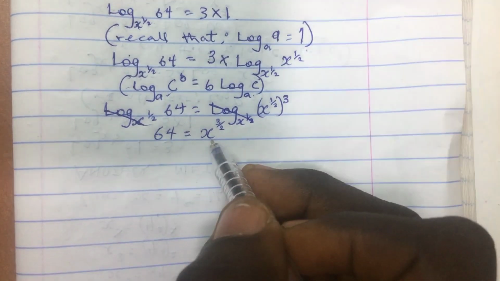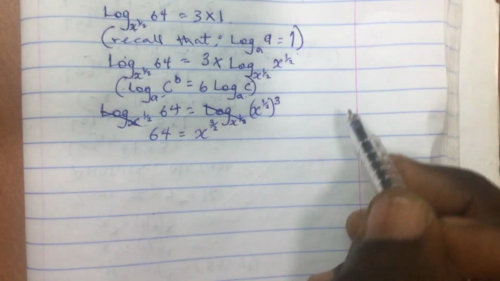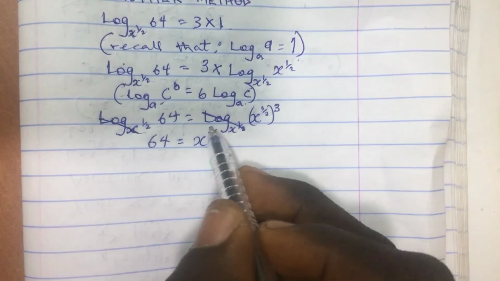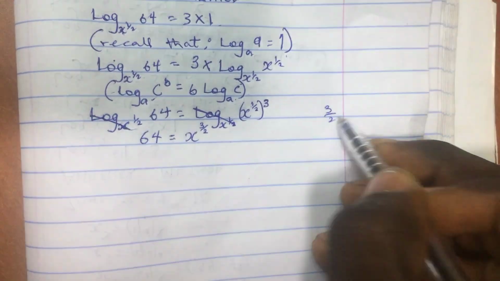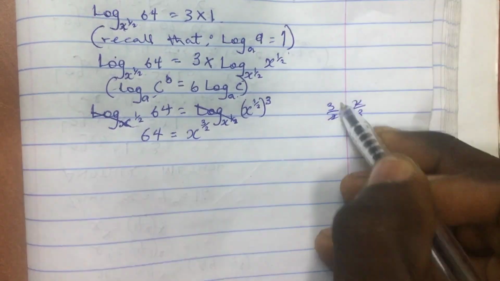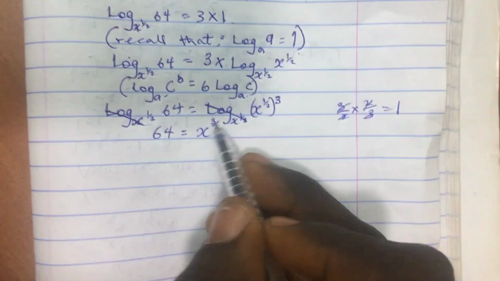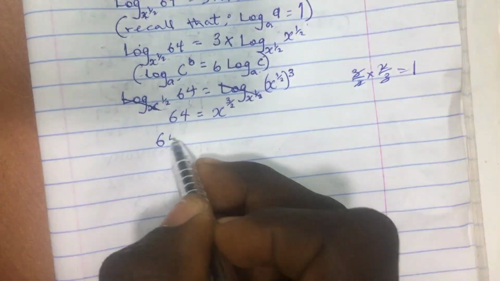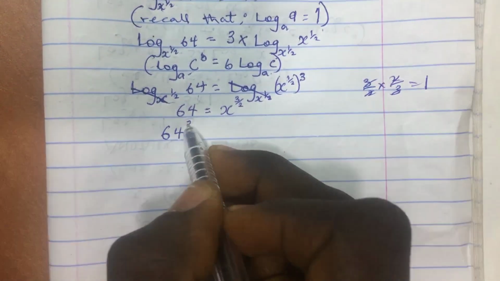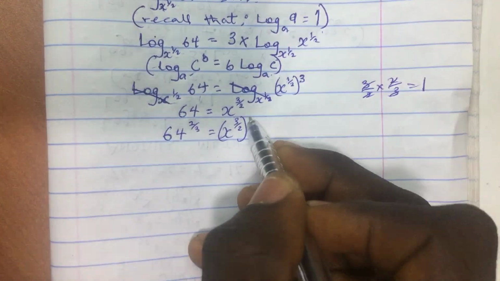The only way I can do that is to take both sides to the power of 2 over 3, such that 3 over 2 times 2 over 3 will become 1. So I should raise both sides to power 2 over 3. So 64 raised to power 2 over 3 is equal to x raised to 3 over 2, raised to power 2 over 3.